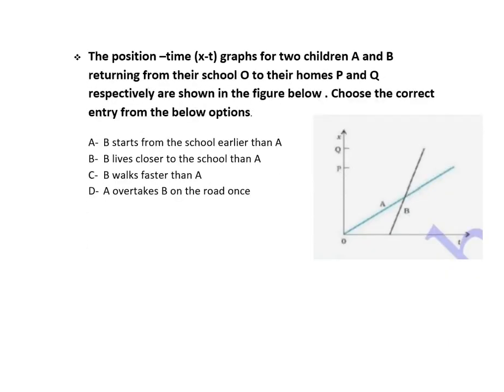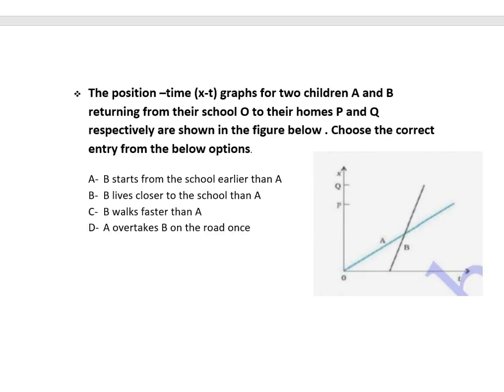So next question. The position-time graphs for two children A and B returning from their schools O to their homes P and Q. So okay, two boys are returning.